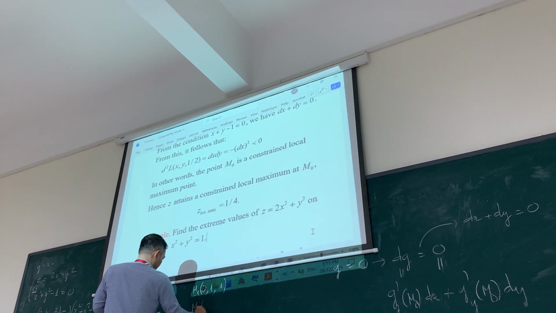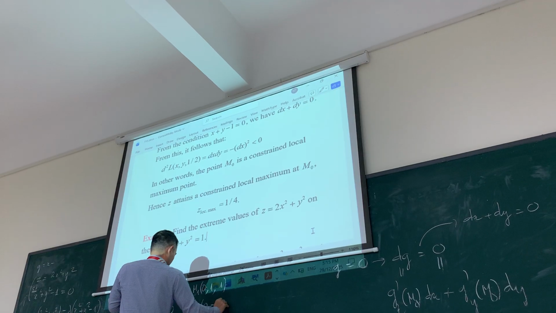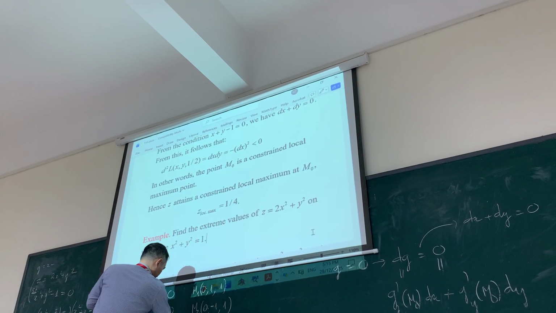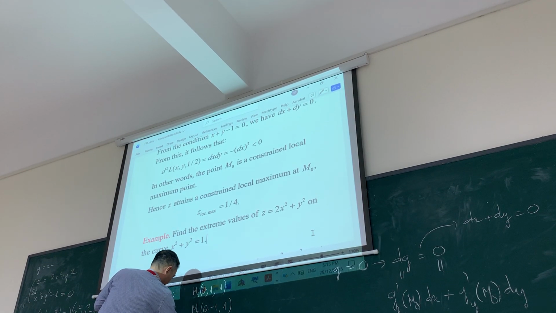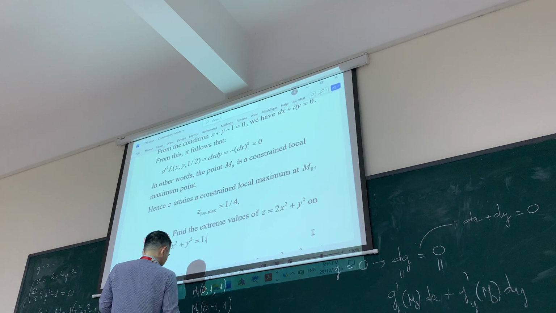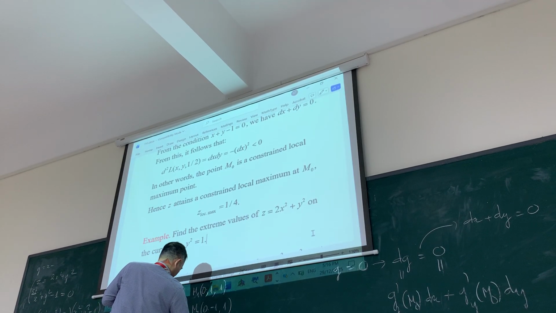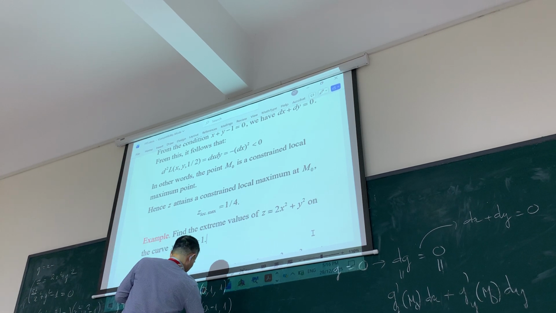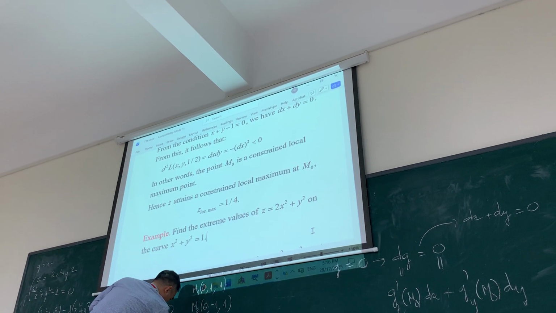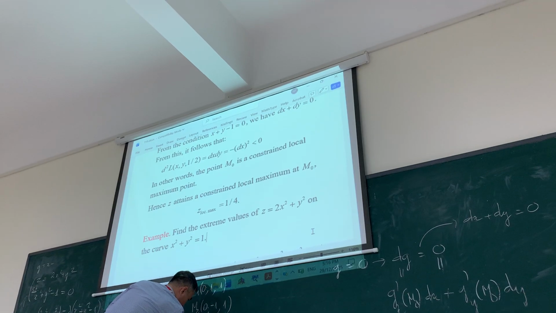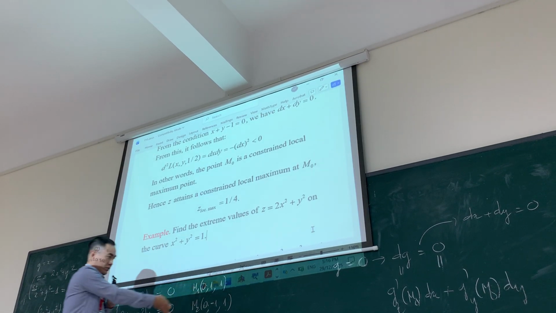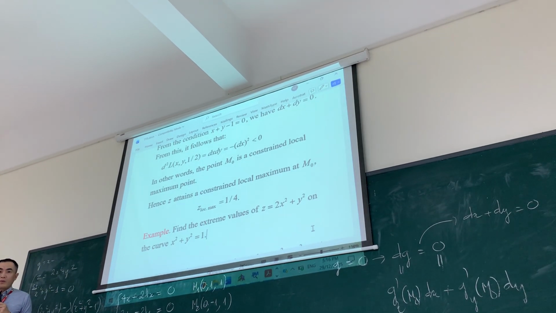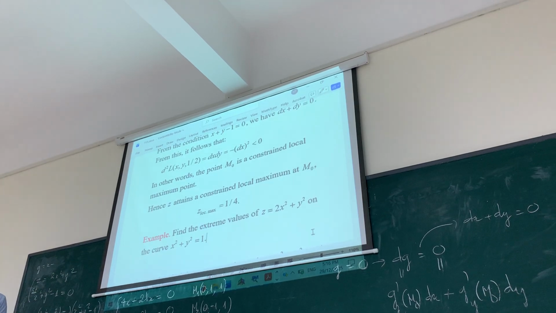M2: 0, negative 1, lambda 1. M3: 1, 0, lambda equal 2. M4: negative 1, 0, 2. Okay, we have the 4 solutions.